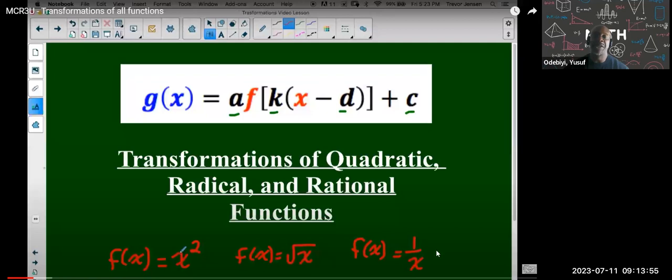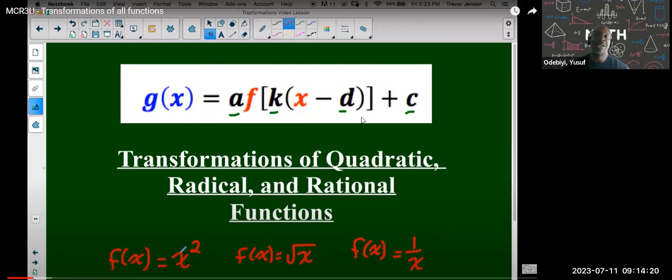And if this was the parent function, this would shift up 3. And again, say there was a value there, maybe that was a 2. That means it stretches on the vertical, on the y-axis. So this will stretch on the y-axis, this will stretch on the y-axis, this will stretch on the y-axis. So it applies the same way.